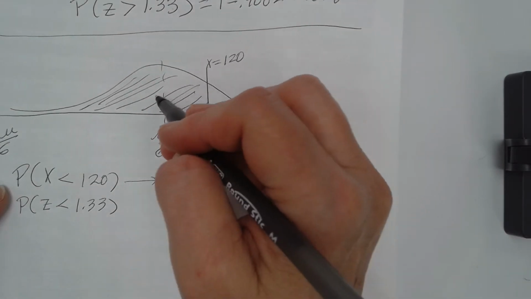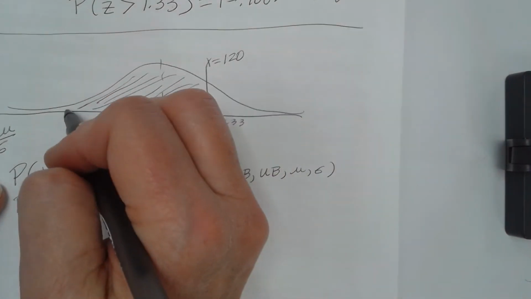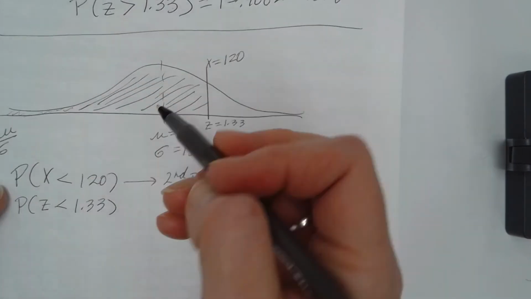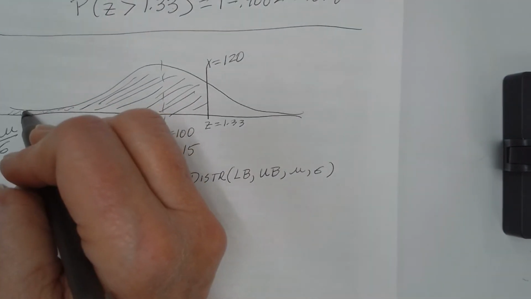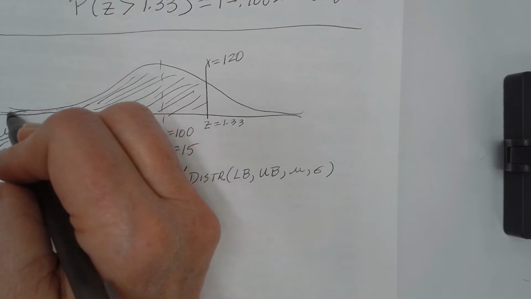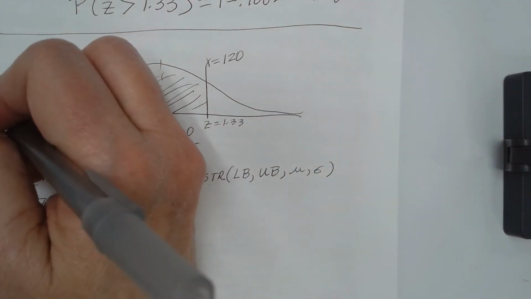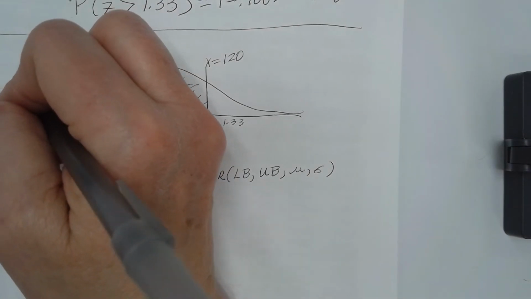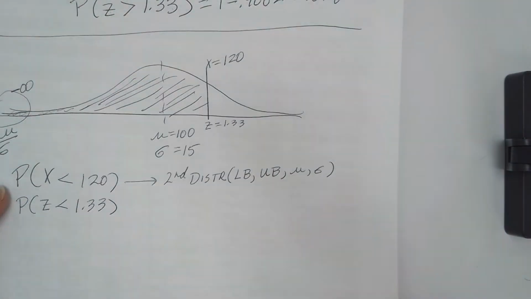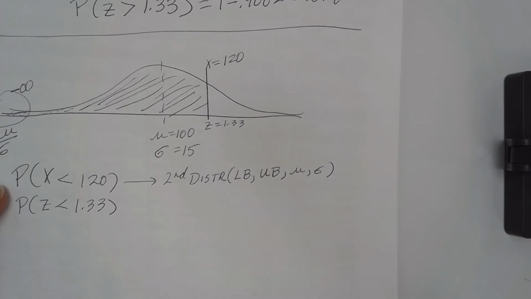Okay, so this shaded area keeps going out. Remember that it doesn't ever touch the x-axis. It gets closer and closer and closer, but it never touches it. So the lower boundary is actually negative infinity. It keeps going out. But I can't put negative infinity into my calculator.